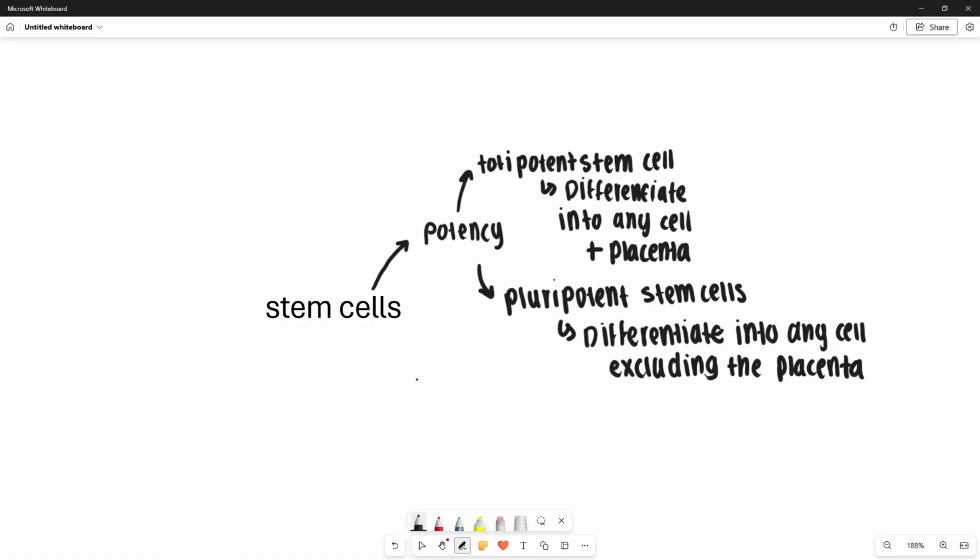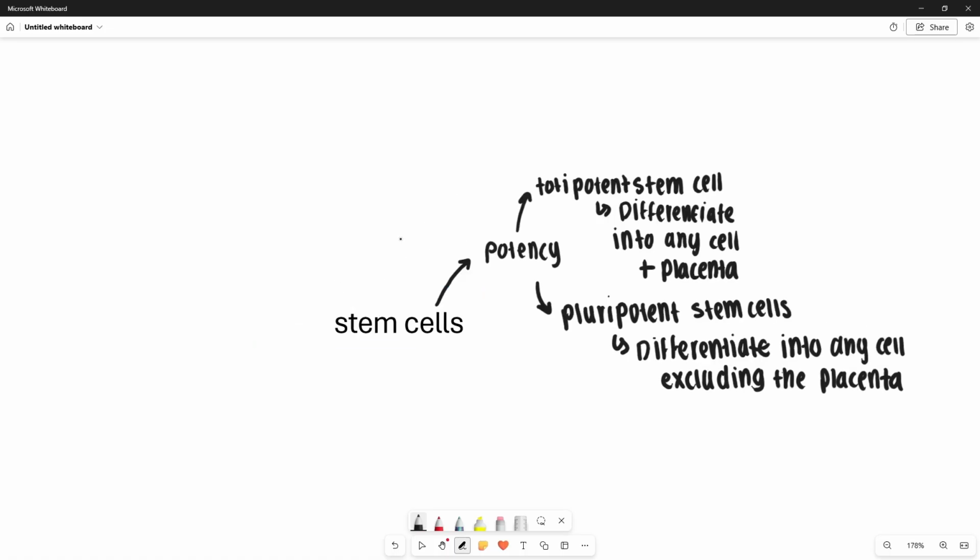Another form of potency in stem cells is a multipotent stem cell. So let's do multipotent stem cells. A multipotent stem cell can differentiate into a limited range of related cells.